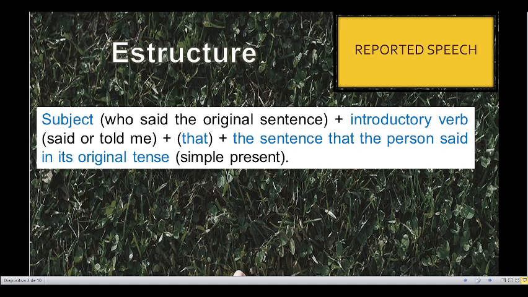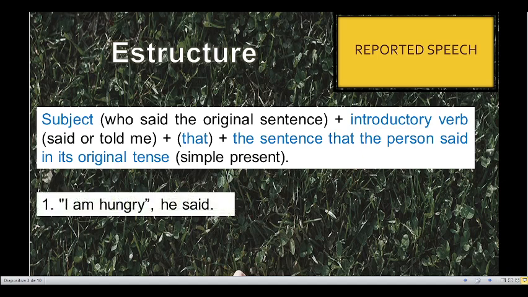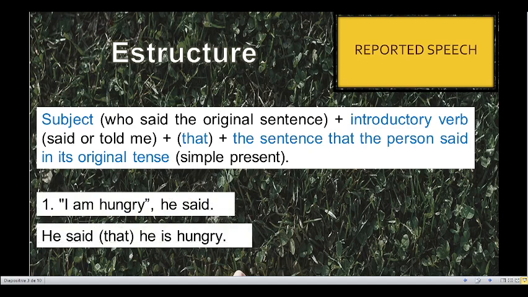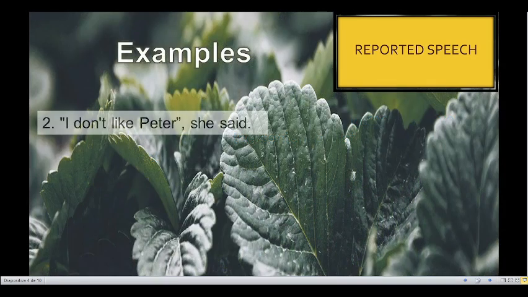Let's check an example. I am hungry, he said. The reported speech is he said that he is hungry, or he said he is hungry. Remember, that is optional. Number 2. I don't like Peter, she said.